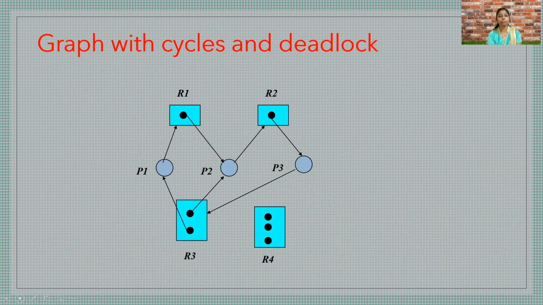But in the case of multi-instance resources, we have to check whether the current cycle is a deadlocked situation. So many times, cycles in a multi-instance graph need not be a deadlocked condition, whereas in a single-instance resource allocation graph, having a cycle is a sufficient condition for a deadlock to happen.